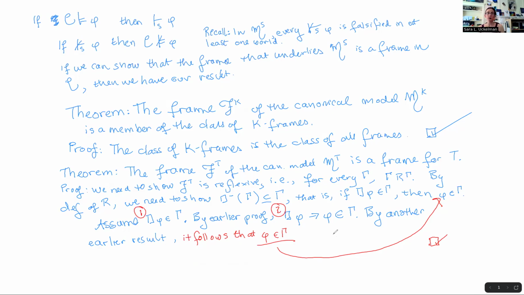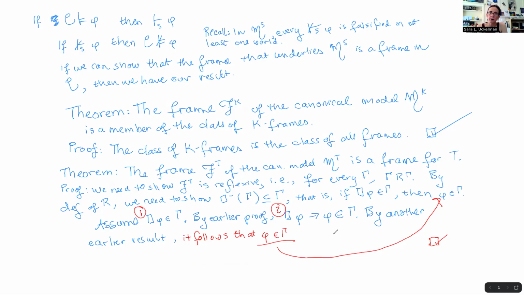So this gets us part of the way to proving the canonicity, the completeness of S4, because S4 is T plus transitivity. So we will be able to just inherit this result when we look at S4. We'll look at S4 because it shows us what we need to do with transitivity. We'll look at system B, which gives us symmetry, and then B plus S4 will give us the completeness for S5.